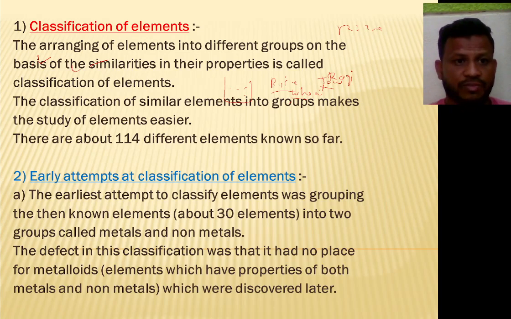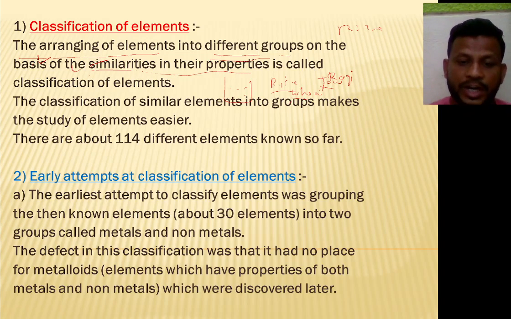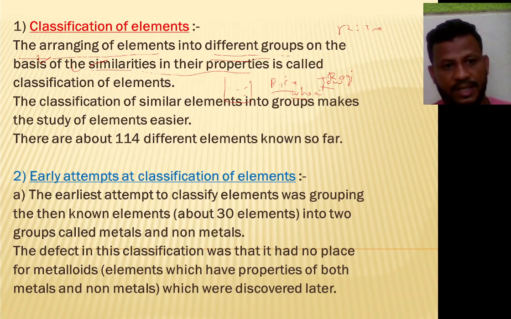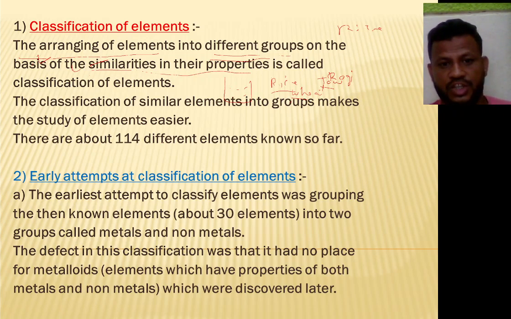That's why we see the arrangement of elements into different groups on the basis of the similarity in their properties. According to their properties, we classify the elements here. Next point: the classification of similar elements into groups makes the study of elements easier.